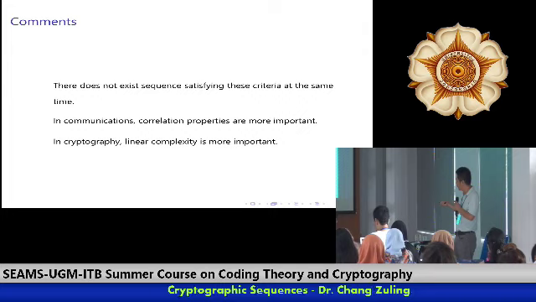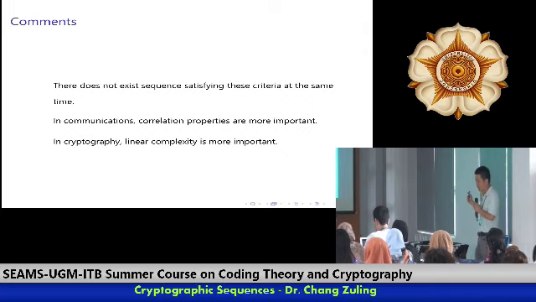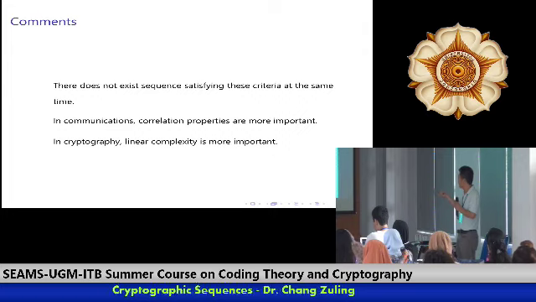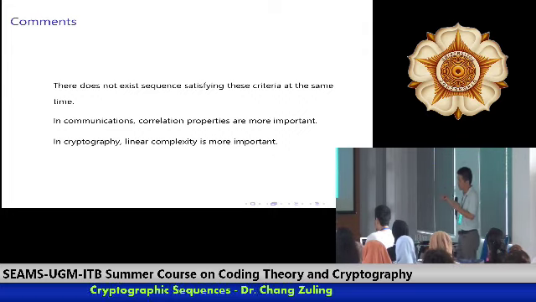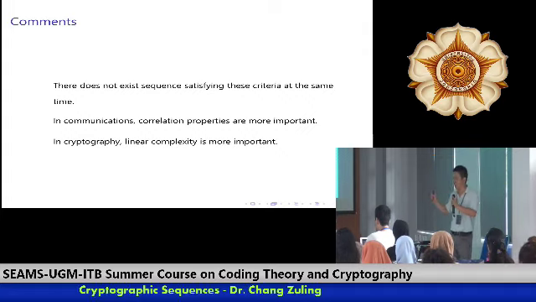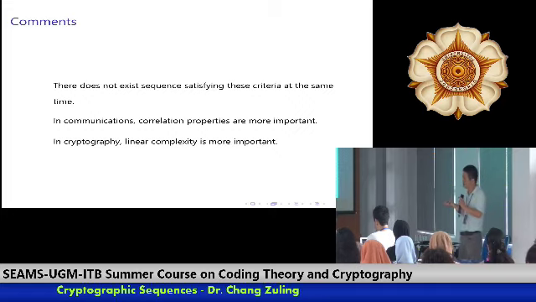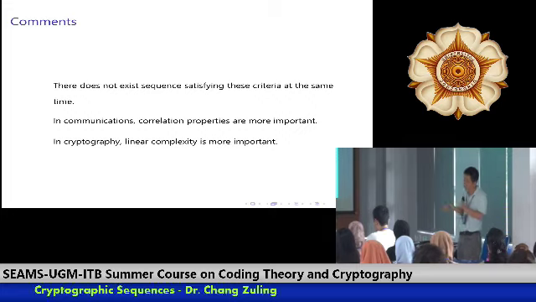But in cryptography, the linear complexity will be important because it's a linear sequence. So in different domains, there are different demands. So there are a lot of topics to design or construct sequences satisfying these different properties.